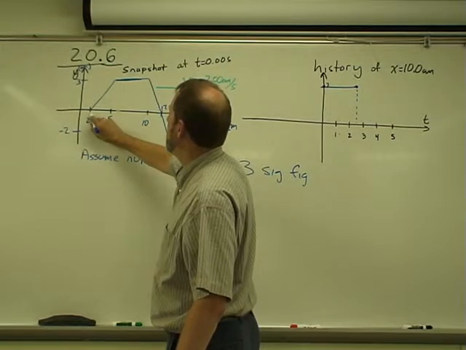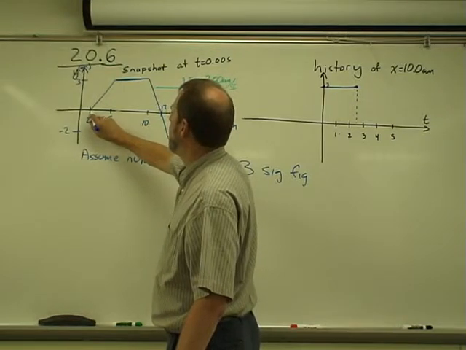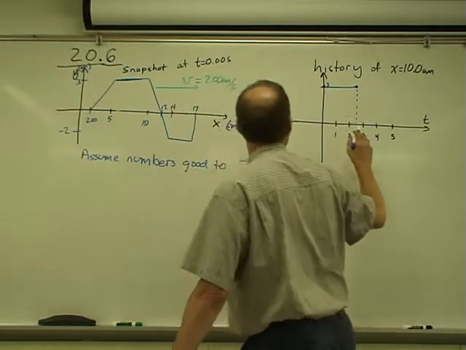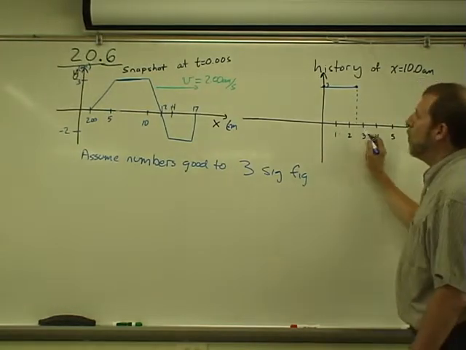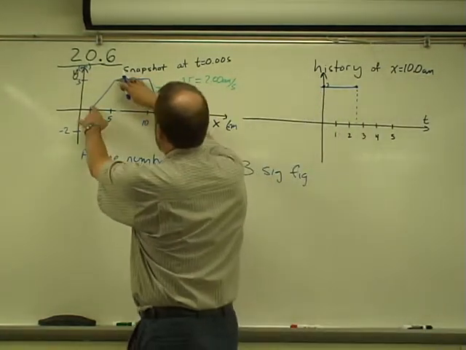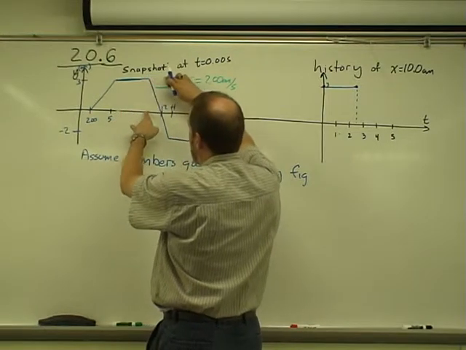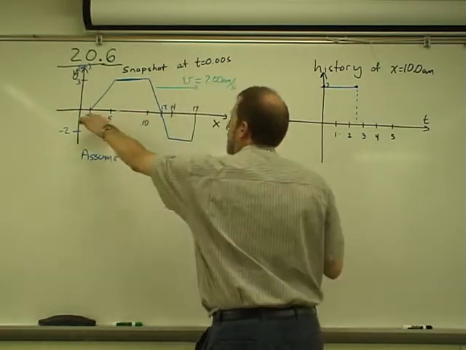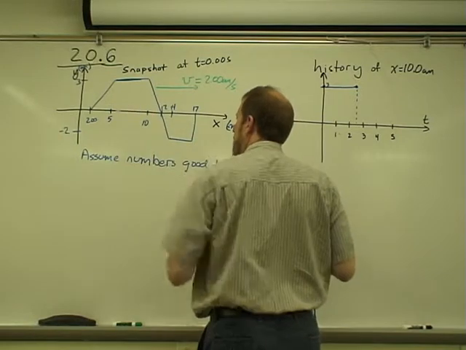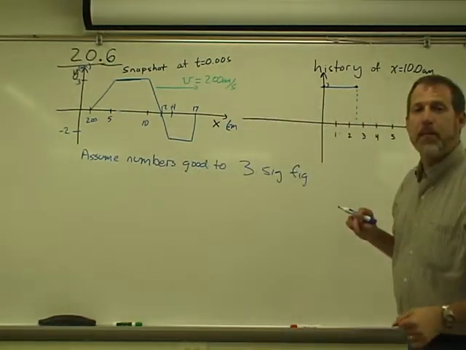Now, as that happens, this drops to 0 over the space of 3 centimeters. Which means that this 0 point has to move 3 centimeters over once this point has reached 10 centimeters. This wave has to move 3 more centimeters for the 0 point to hit x equal to 10 centimeters.